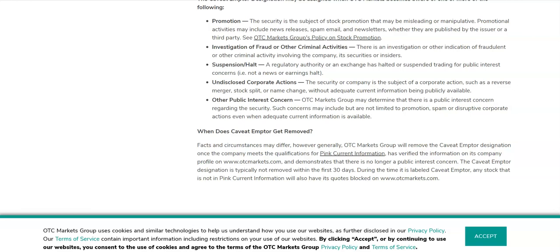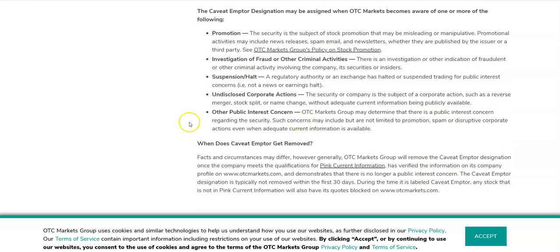Other public interest concern: OTC Markets Group may determine that there is a public interest concern regarding the security. Such concerns may include, but are not limited to, promotion, spam, or disruptive corporate actions, even when adequate current information is available.